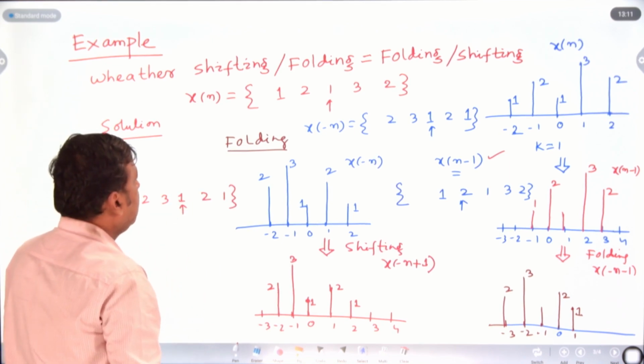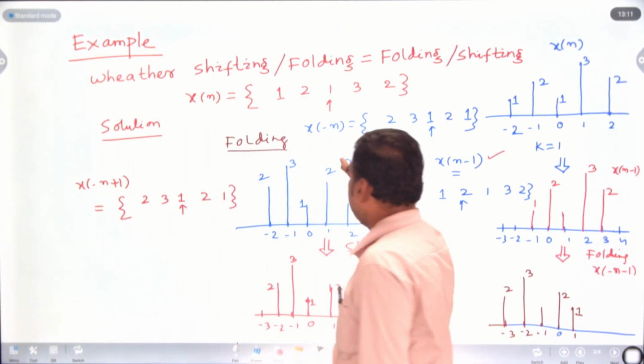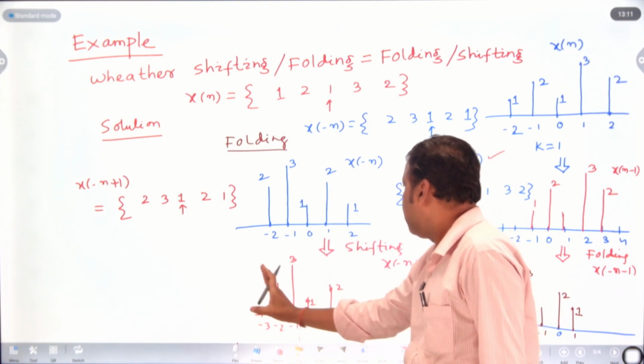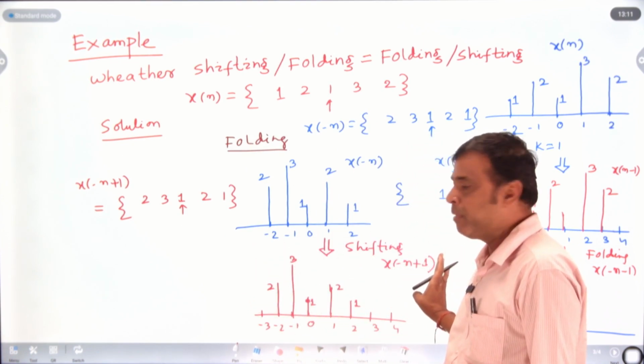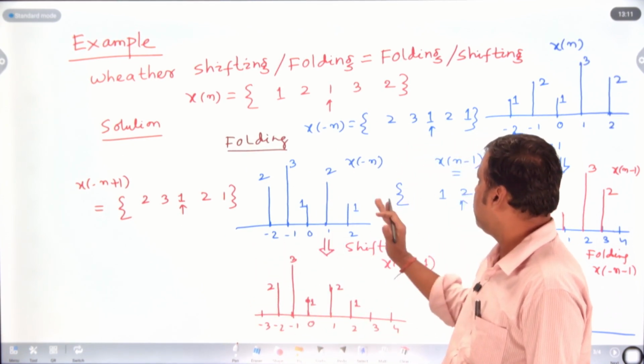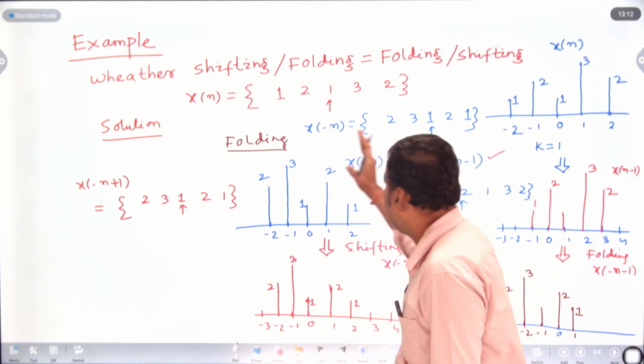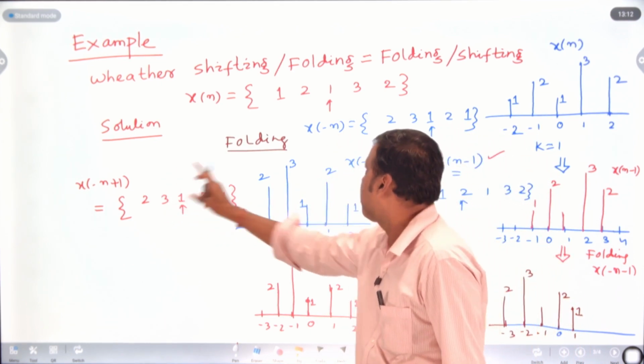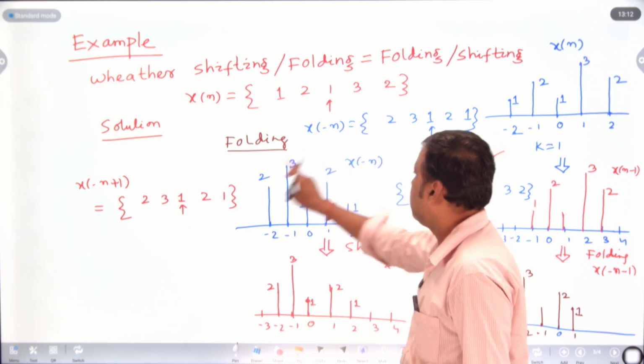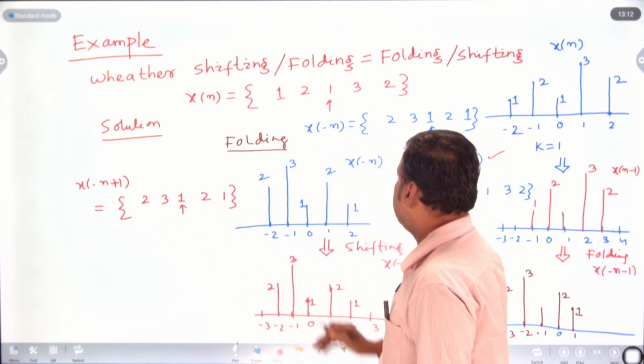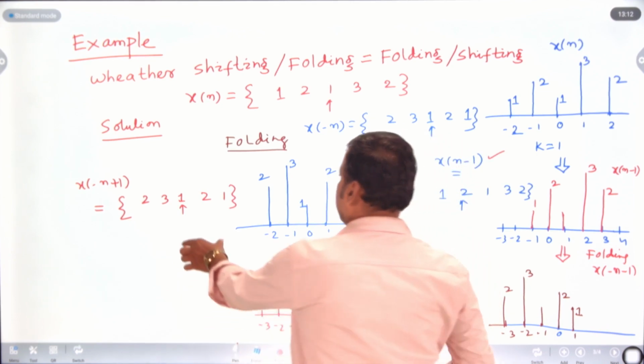Okay. So here is x of minus n, folding then shifting. Each unit of sample is shifted toward the right in graphical representation. In sequence representation, the arrow mark is shifted to the left by 1 unit, since x of minus n plus 1, the arrow mark is shifted to here, it is nothing but x of minus n plus 1.